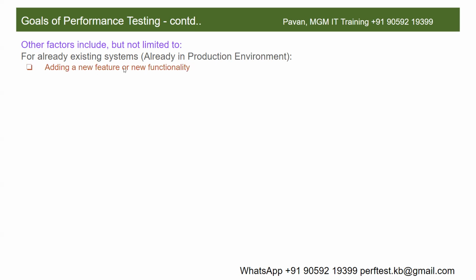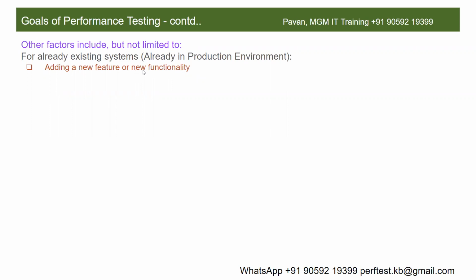Now, when that new feature or functionality is added, even though it is an already existing application, before rolling out that feature to production, meaning before rolling it out to the end users, they will do performance testing for that application. Or let's say a dark theme is being introduced.